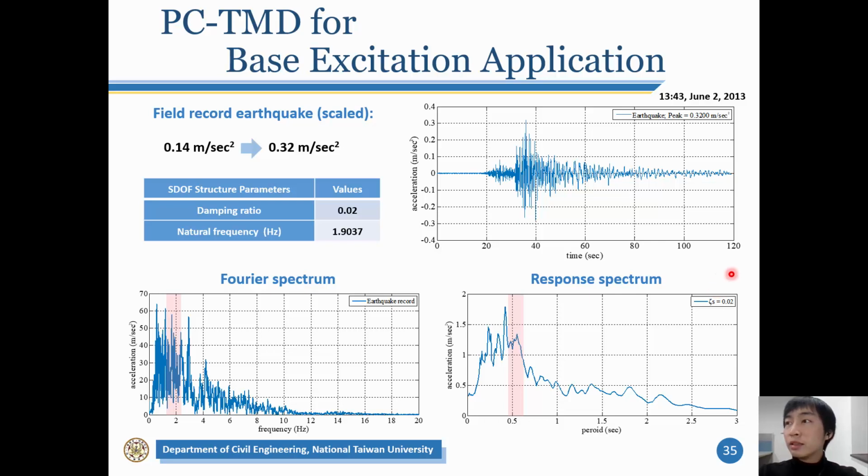Now we see the response under the earthquakes. From the Fourier spectrum of the earthquake and the response spectrum, we can see this building will resonate under the earthquake. So in this case, the tuned mass damper is a good option to reduce the vibration.